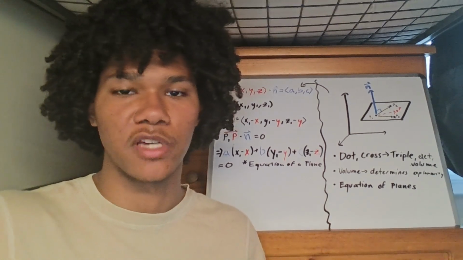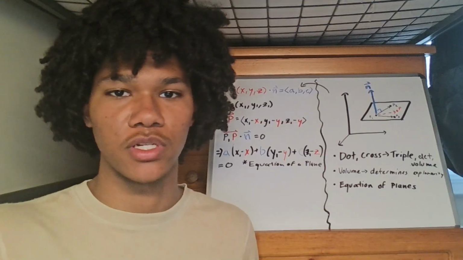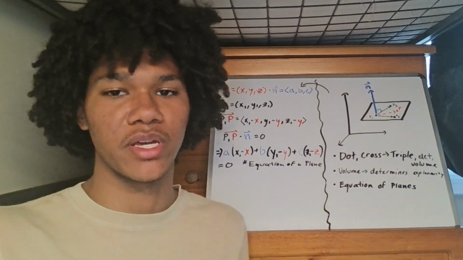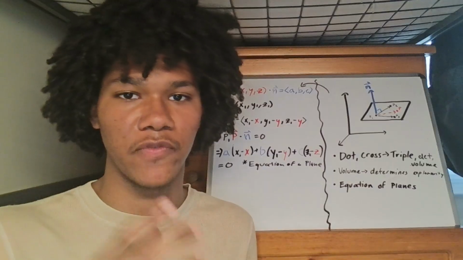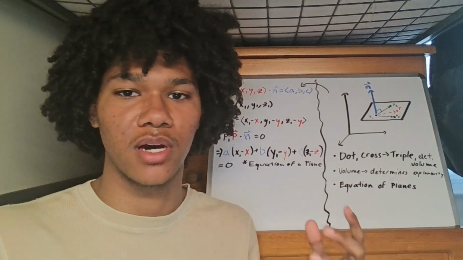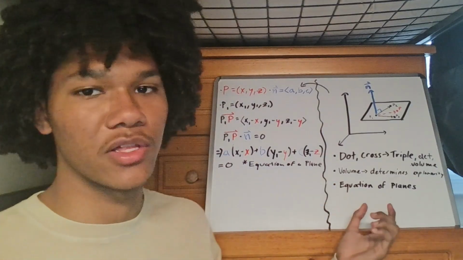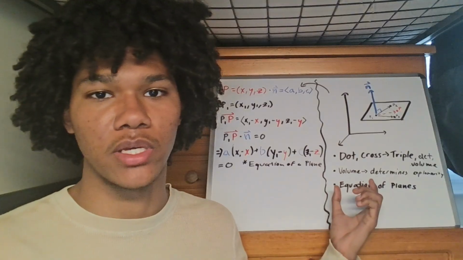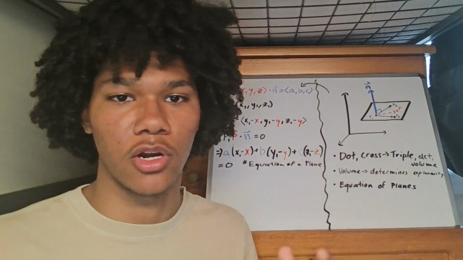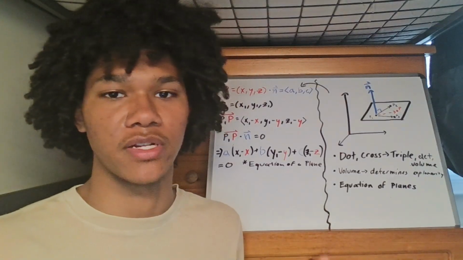In summary, what we've talked about is how we can incorporate the dot product and the cross product into one triple product, which can then be expressed by a determinant of 3 vectors, which can then express the volume of the object spanned by all 3 vectors. And with that volume, we talked about how we can determine if points are coplanar with each other or if a point lies in a certain plane that's already defined.